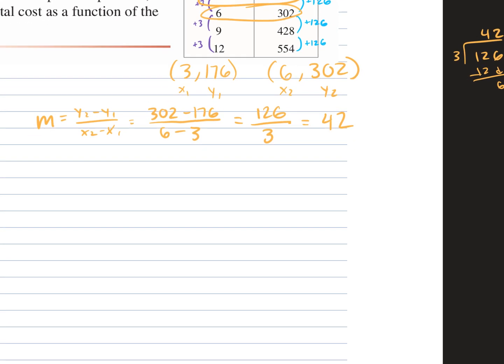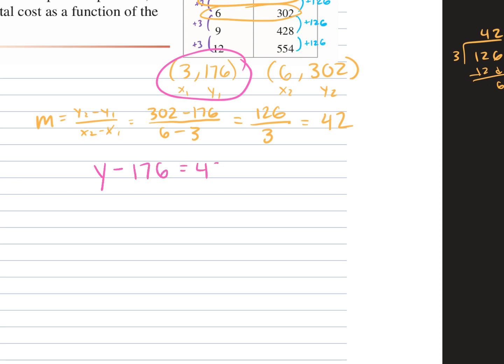What would I do next? Put it into point slope form. So I'd have y minus y1. What's my y1? 176 is equal to, what's my slope? 42 times, awesome, times x minus 3.